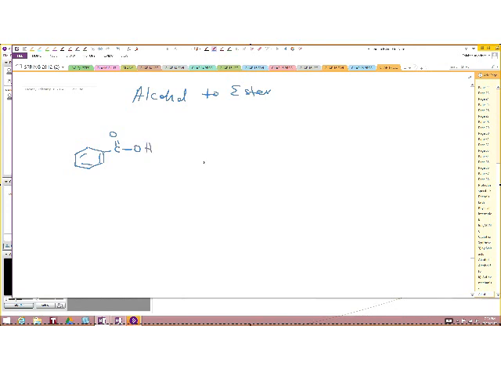If you take a carboxylic acid and you take an alcohol, say ethyl alcohol, in the presence of acid, what do you get? You get an ester. This process we call esterification.